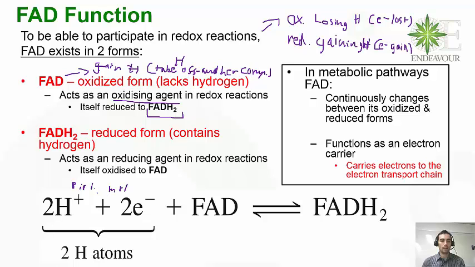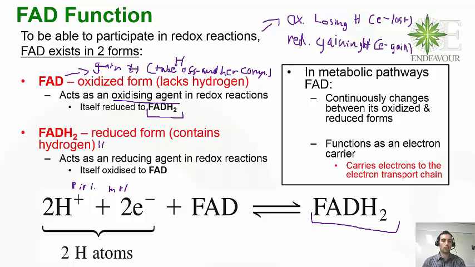So we're taking these hydrogen atoms off the biological molecule and putting them onto our coenzyme to create our FADH2. When the FADH2 is formed, this is now the reduced form. We call it the reduced form because it is the hydrogen-rich form.